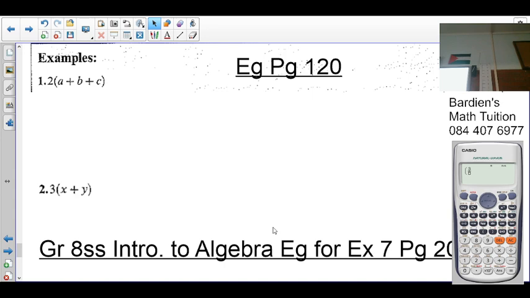Right, so we have number 1. Write this down quickly. We have 2 into a plus b plus c. Can we add the terms inside this bracket?